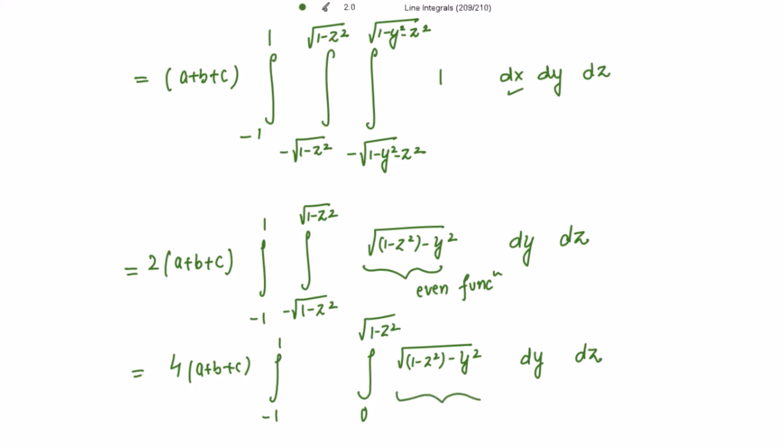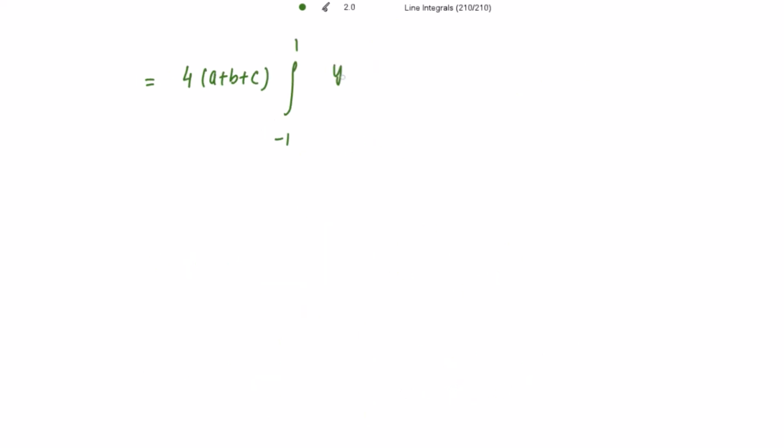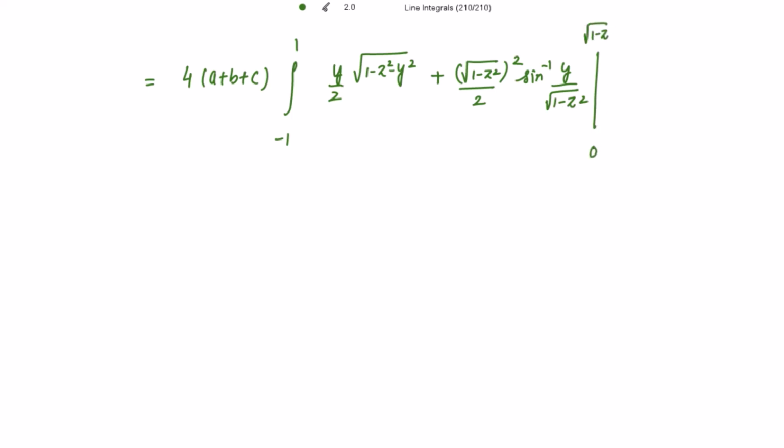And to solve this integration, we are going to apply the formula for this. That is y/2 times the square root of 1 − z² − y², plus (the square root of 1 − z²) whole squared divided by 2 times sin⁻¹ of y divided by the square root of 1 − z², with the limits from 0 to the square root of 1 − z², dz. So (the square root of 1 − z²) whole squared becomes 1 − z².